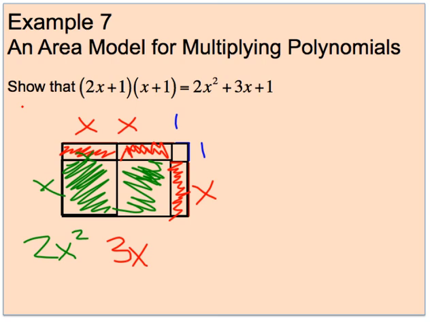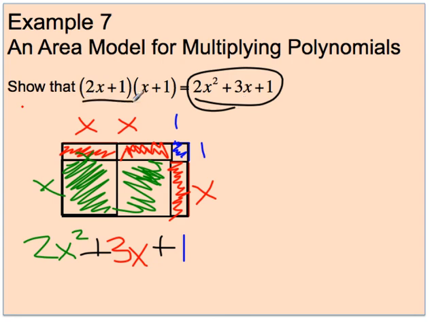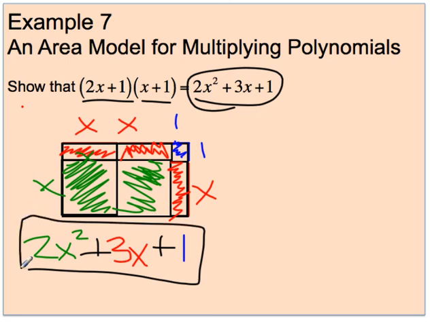And then finally, this top right piece has area 1 times 1, so its area is just 1. And so we can see that multiplying polynomials, if we do this kind of area method, we can confirm that the area of 2x plus 1 times x plus 1 is 2x squared plus 3x plus 1.